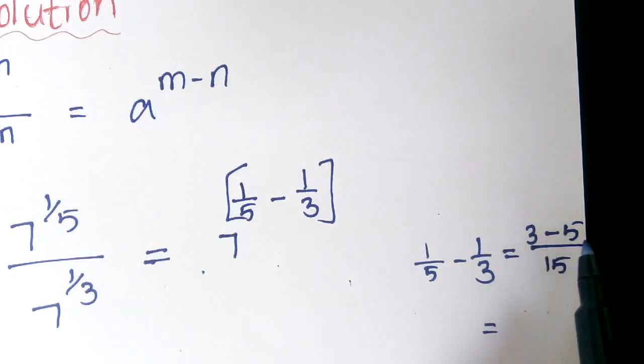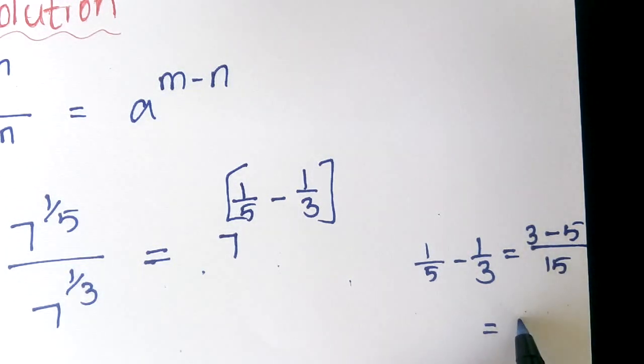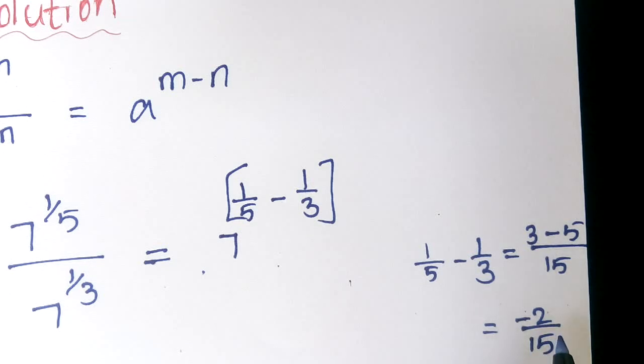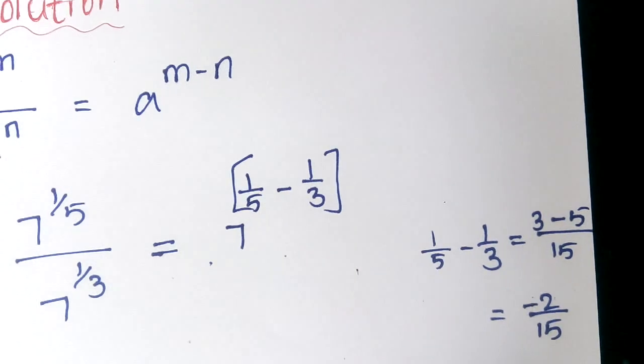So what is 3 minus 5? 3 minus 5 is minus 2 by 15. So 1 by 5 minus 1 by 3 is equal to minus 2 by 15.